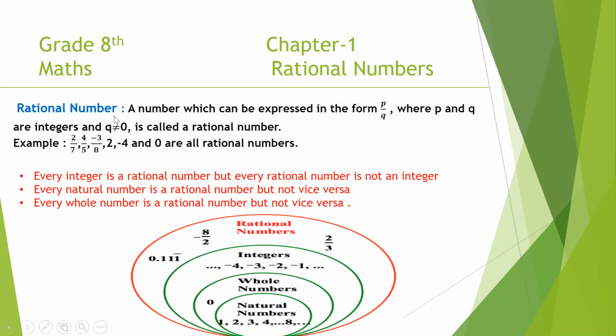So what is a rational number? A number which can be expressed in the form of p upon q, where p and q are integers and q does not equal 0 is called a rational number.